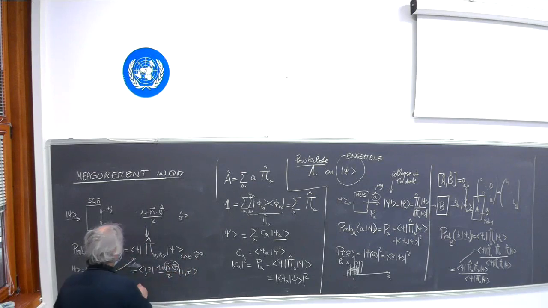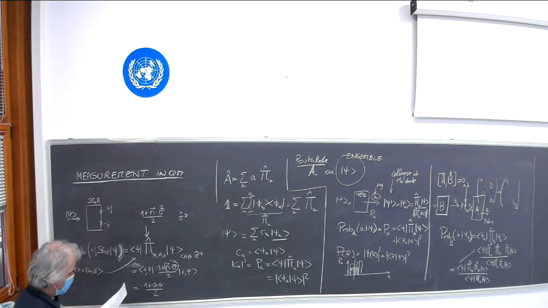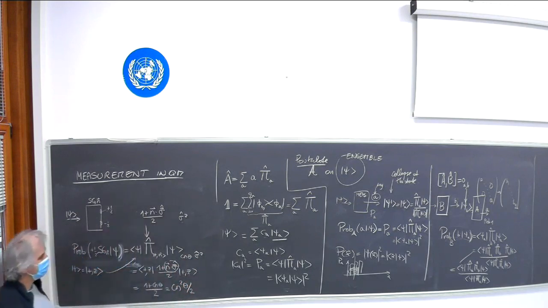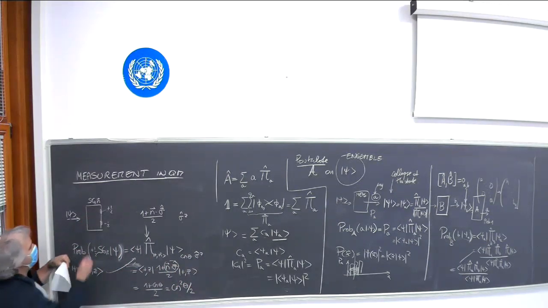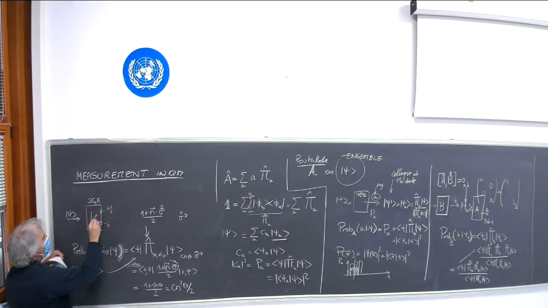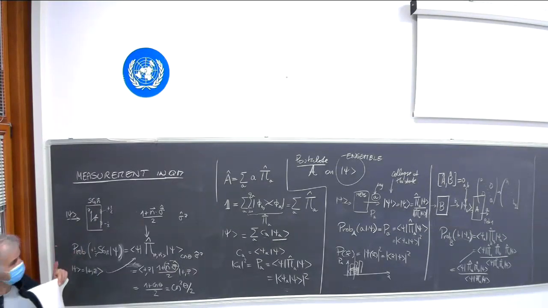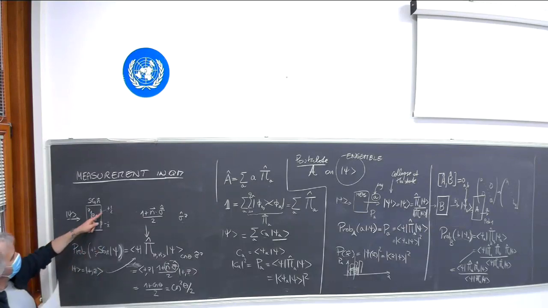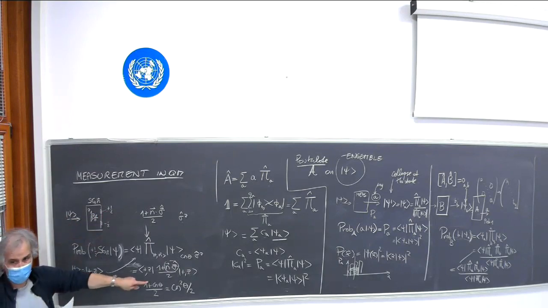So the answer is 1 plus cos theta divided by 2, and believe it or not, this is equal to cos squared of theta over 2. Remember, theta is the direction in which I have aligned the second apparatus with respect to Z. So the probability that I get the spin passing is cos squared of theta over 2.